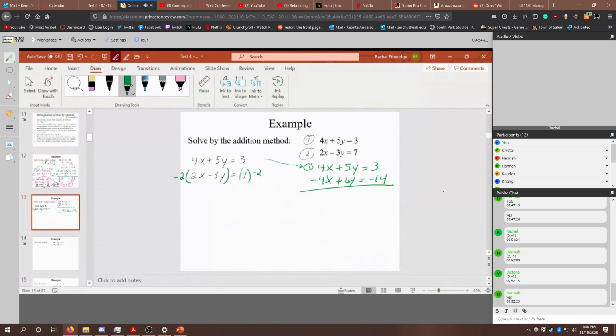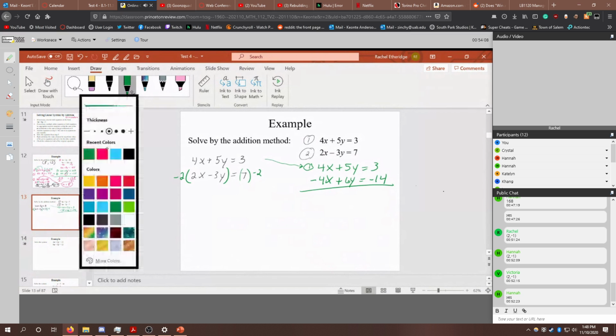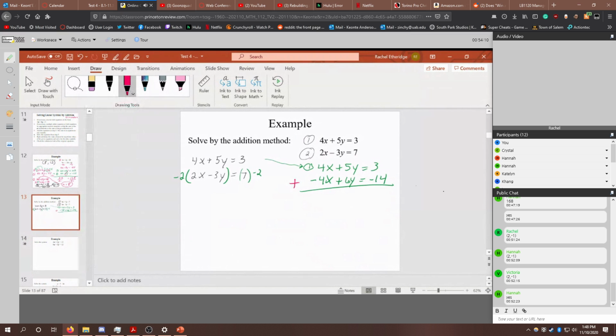So now I'm going to add the two equations, and this goes to 0, 4 minus 4. And then 11y equals -11. y equals -1. Again, it doesn't matter which one we plug back into, but I think I'll pick the one with all the positives if I can.